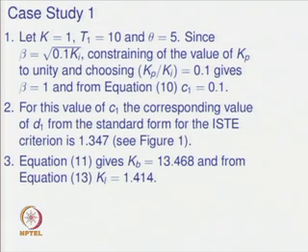So, that way the controller GC, which has got parameters Kp and Ki, has already been designed with proper choices for Kp and Ki.